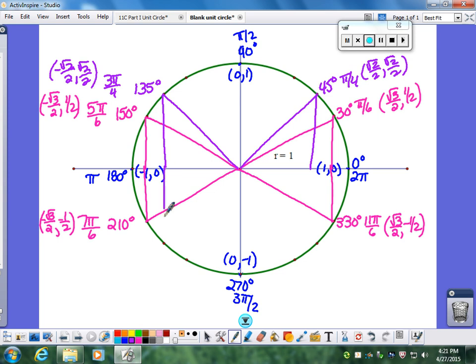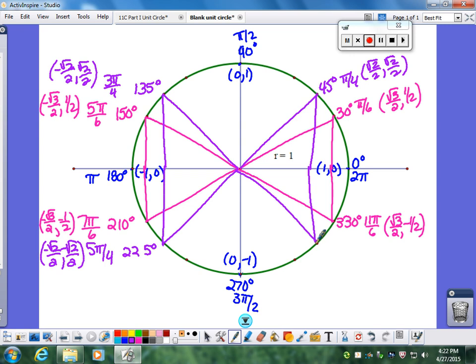All right, third quadrant, 45-degree reference angle. We're at 3, 4, 5. 5 times 45 is 225, or 5 pi over 4, and here we're negative, negative. Then our fourth, so reference angle of 45 degrees.